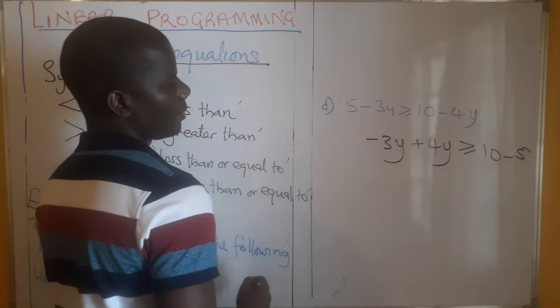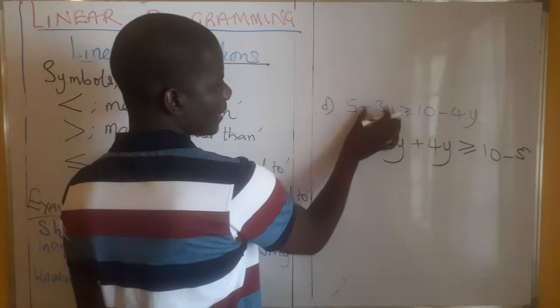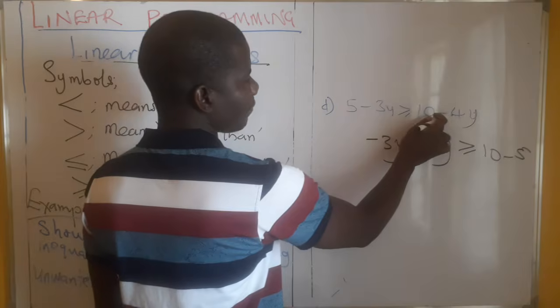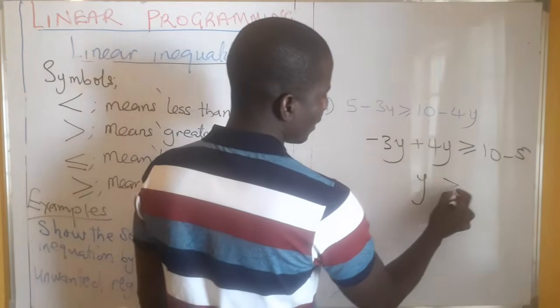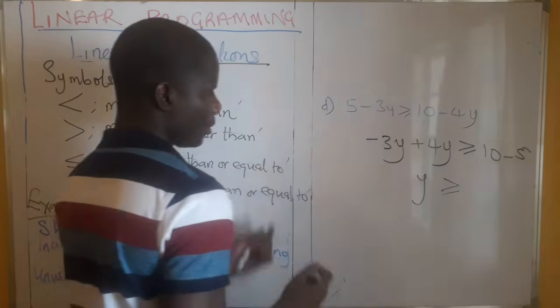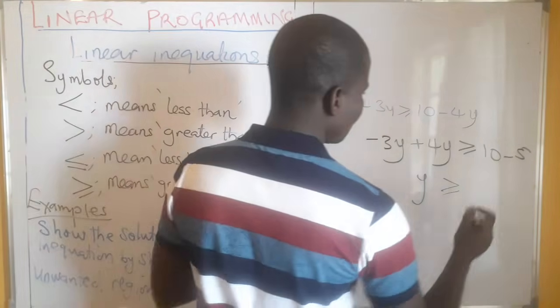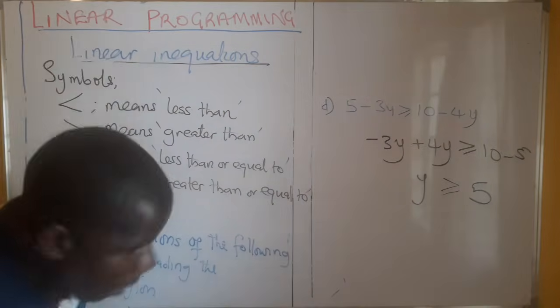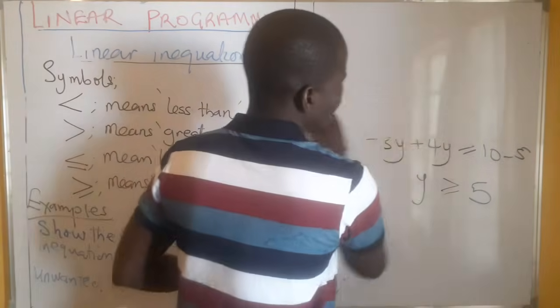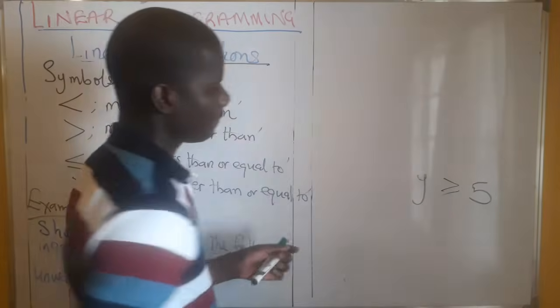Yes. So we have minus 3y. Then the additive inverse of this one is plus, so here we're going to have y greater than or equal to 5. Alright? Y is greater than or equal to 5.